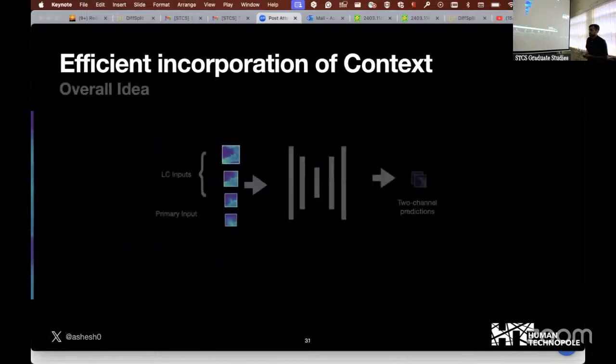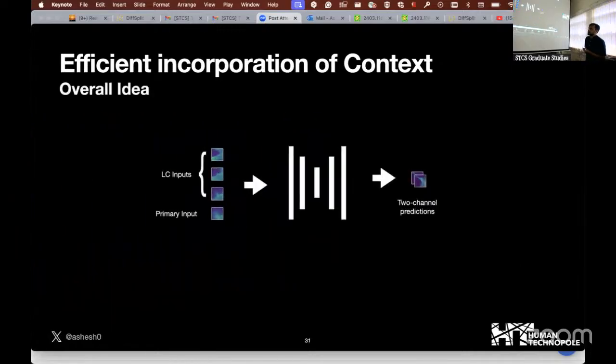And so what we do is we downsample all these extra LC inputs to the same, let's say, pixel dimensions as the primary input. So if the primary input is 64 by 64, all the LC inputs are also of the same size, 64 by 64. And it makes intuitive sense, because if you want to predict for one patch, then the further away you look from that patch, you don't really need the high frequency details.